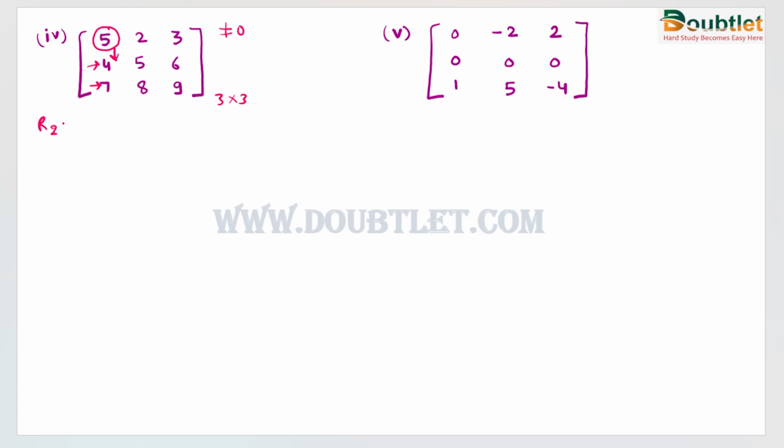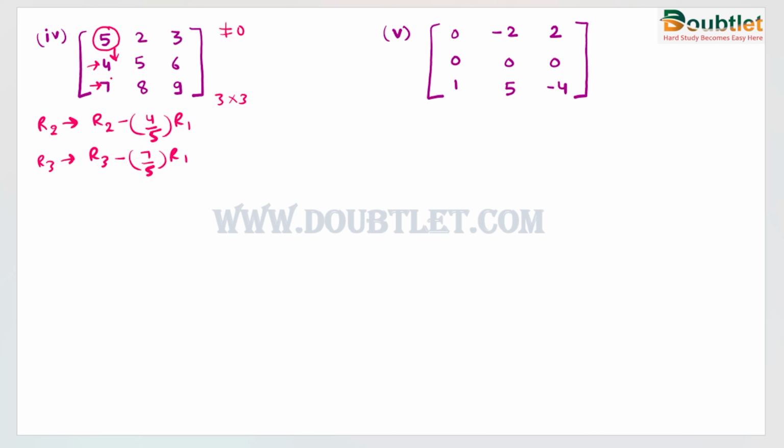So first we will apply the operation in R2: R2 minus 4 divided by 5 times R1. And then the R3 operation: R3 minus 7 divided by 5 times R1.